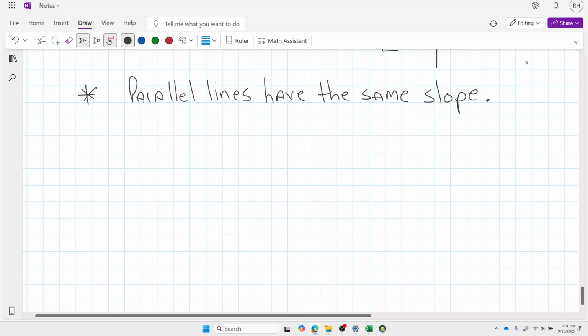All right, parallel lines, lines that don't intersect. You guys all took geometry. Parallel lines don't intersect. They don't intersect because they have the same slope. They can't ever touch each other if they have the same slope.